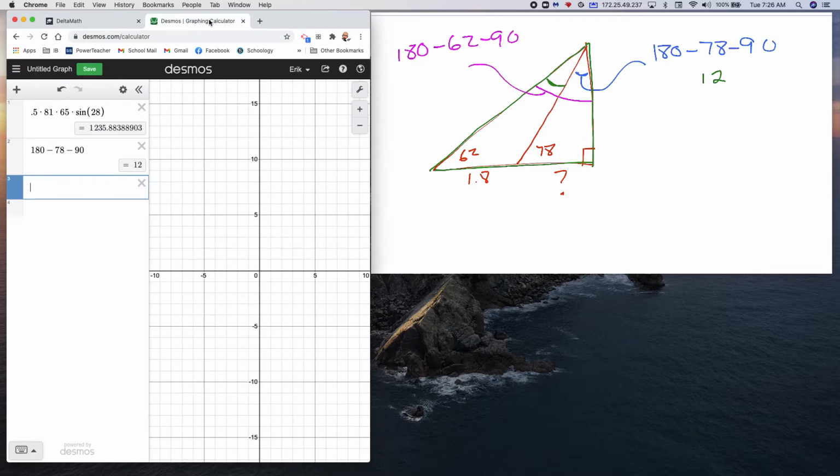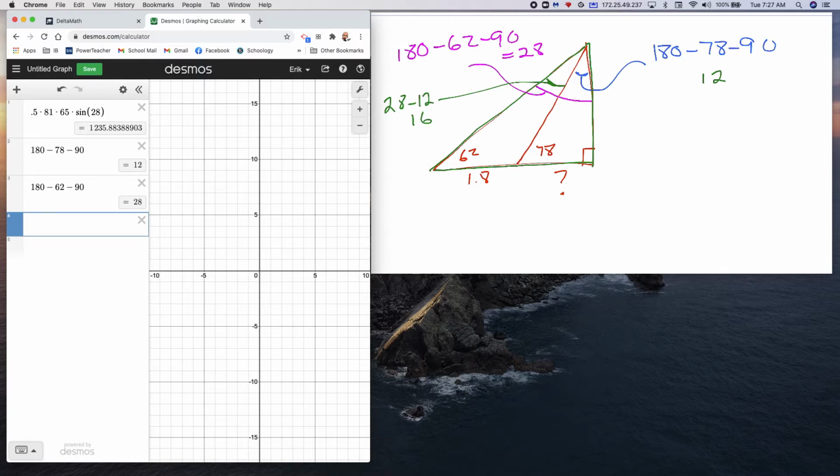So 180 minus 62 minus 90. And I got 28. That means if that whole thing is 28, that means this little green part right here is 28 minus 12, or 16.